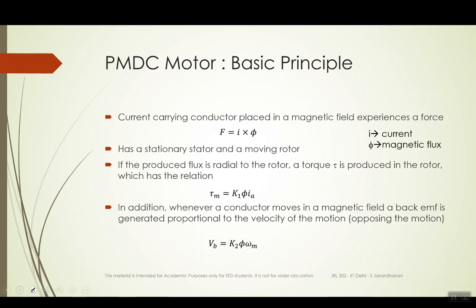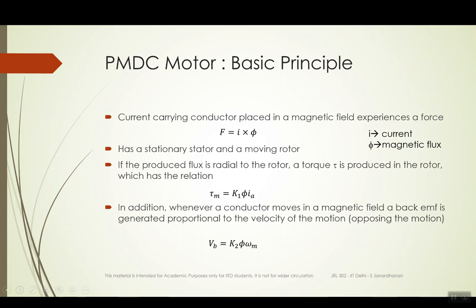However, there is also one more phenomenon present in this setup. Whenever a conductor is moving in a magnetic field, a back EMF is generated, and the magnitude of this back EMF is proportional to the velocity of motion of that current carrying conductor. Here the rotor is the current carrying conductor, so we are talking about the speed of rotation of the rotor.